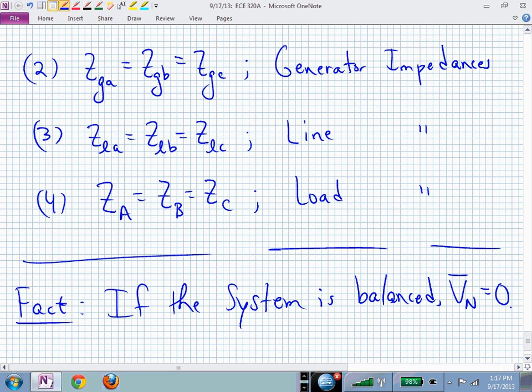If we have a balanced three-phase system, in that YY configuration with these four properties, then I state that we can actually claim that V sub capital N is actually 0.